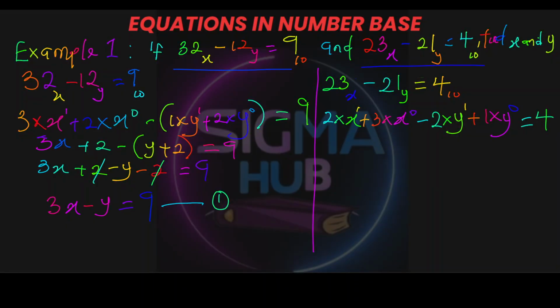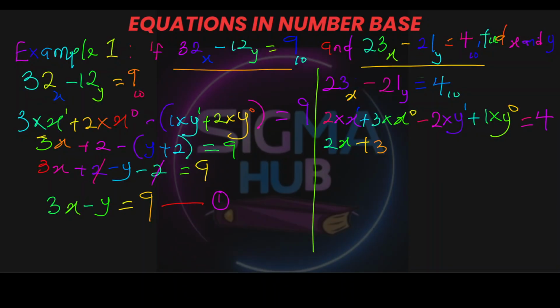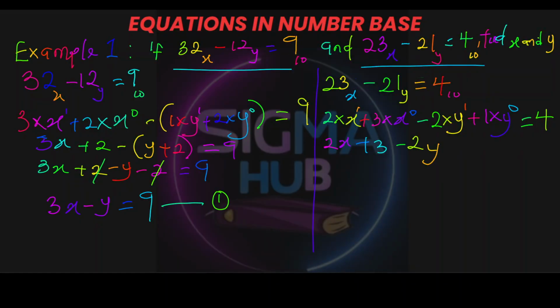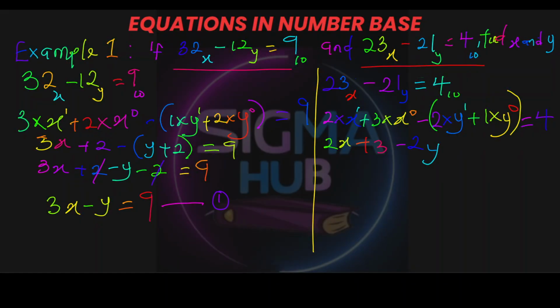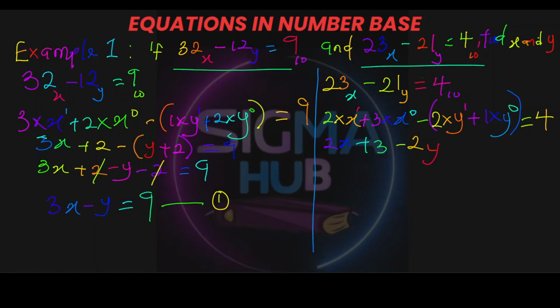So we have 2x plus 3 minus 2y. Don't forget your brackets. So minus 2y, then plus 1 equal to 4.